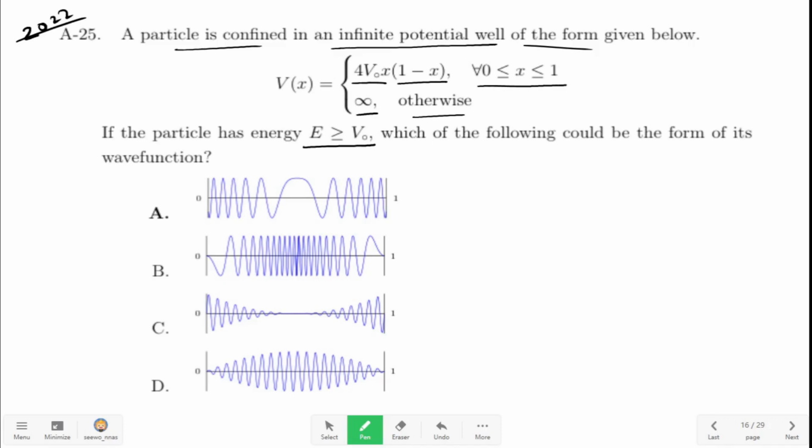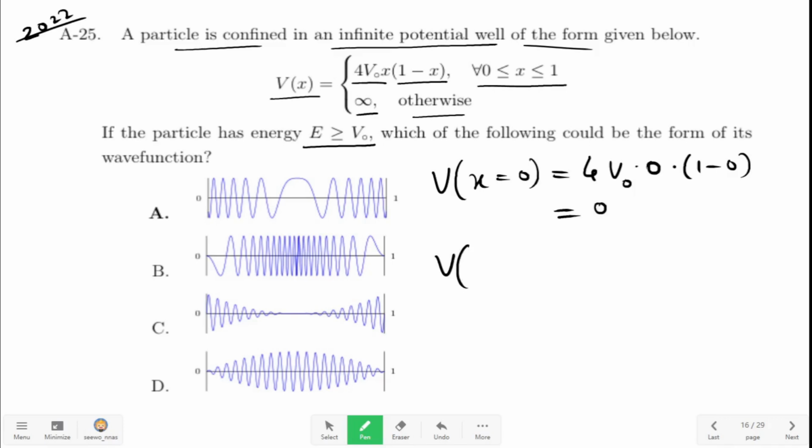So let us try to plot this potential. V(x) at x = 0: when we put x = 0, we have 4V₀ times 0 times (1 − 0), which is nothing but 0.